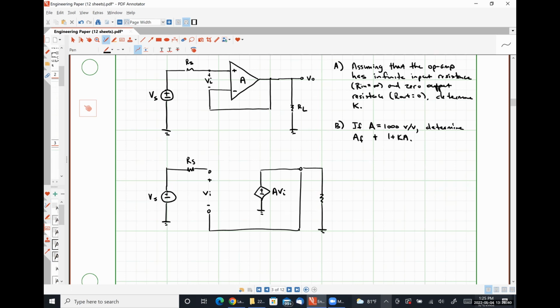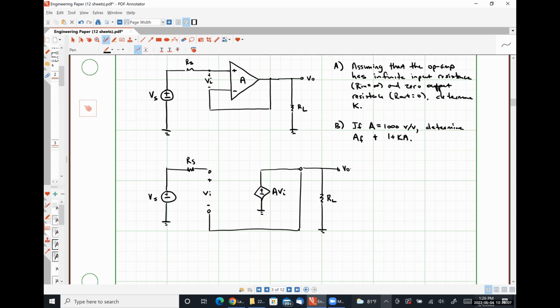Here's my resistance, RL. Here's where my output voltage is measured.